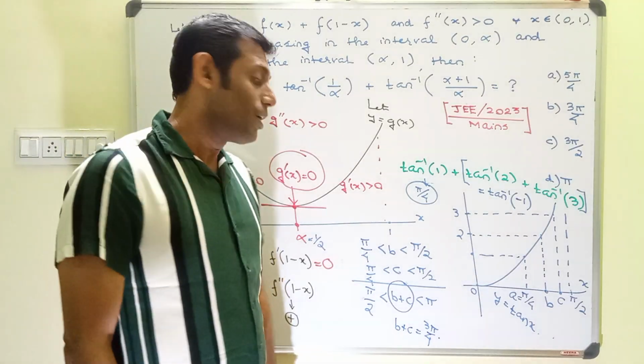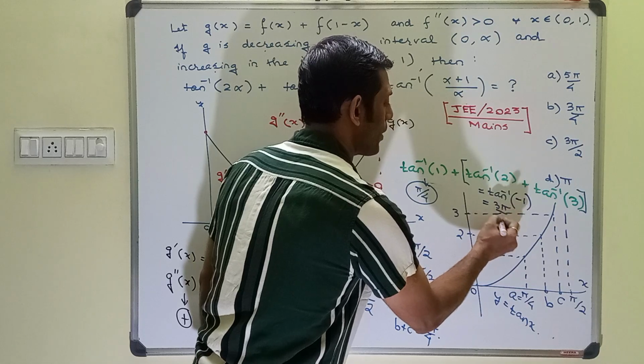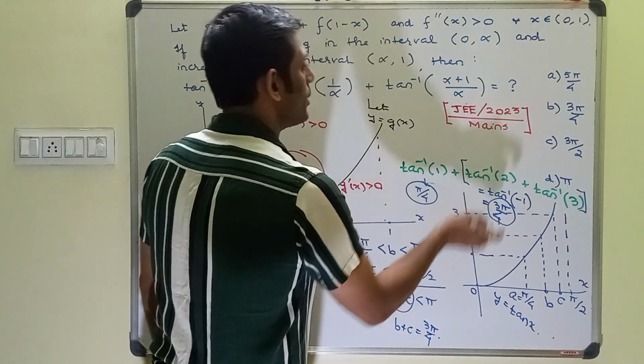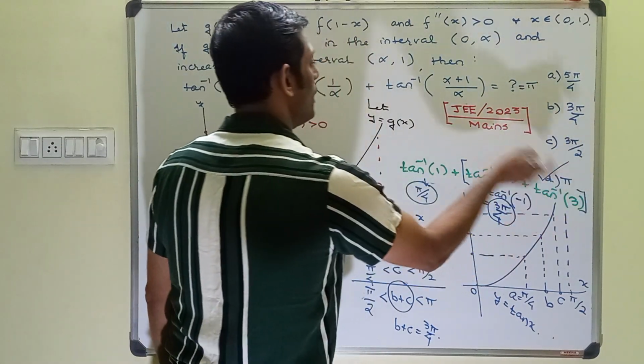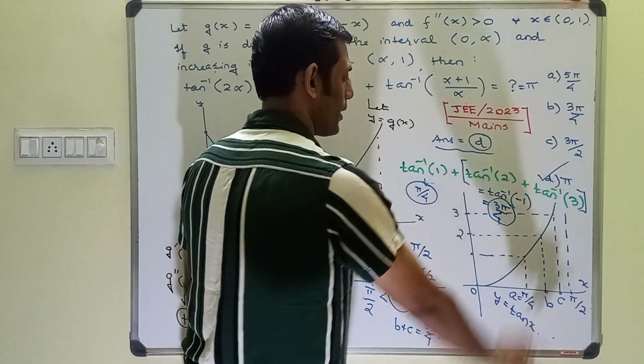That is 135 degrees. And this pi by 4 plus this 3 pi by 4, the answer is equal to pi. Therefore, the answer of this question is option D, and that's all.